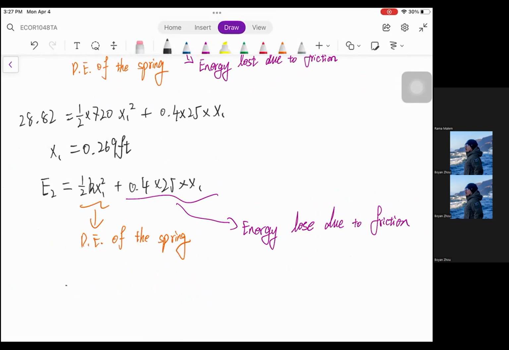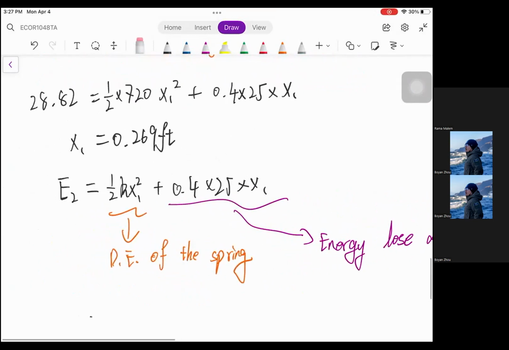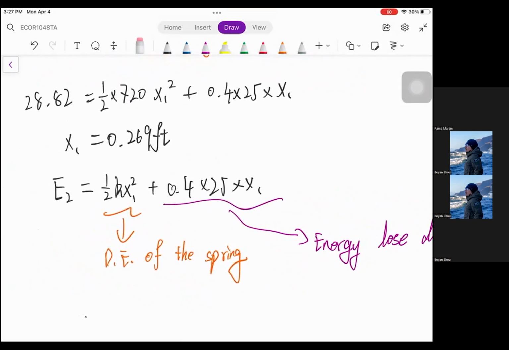Oh, actually, the potential energy of the spring is supposed to be on the other side. Square is equal to E2.